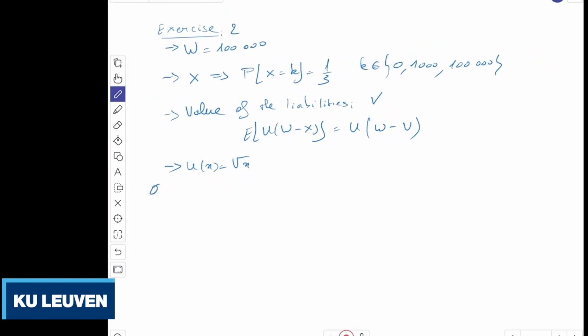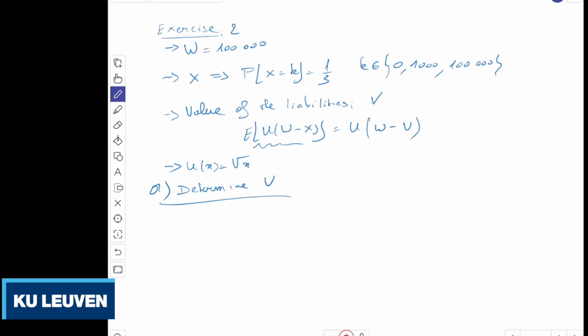The first question is then, what is V? How can we calculate V? So determine V, that's the question. We first calculate this expected utility. U is equal to the square root function, so the inverse is the function x to the power 2.